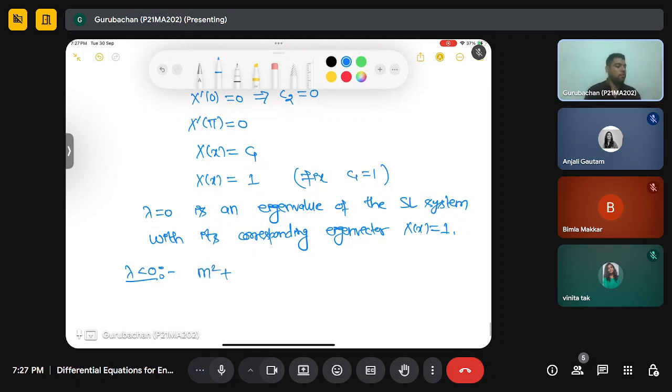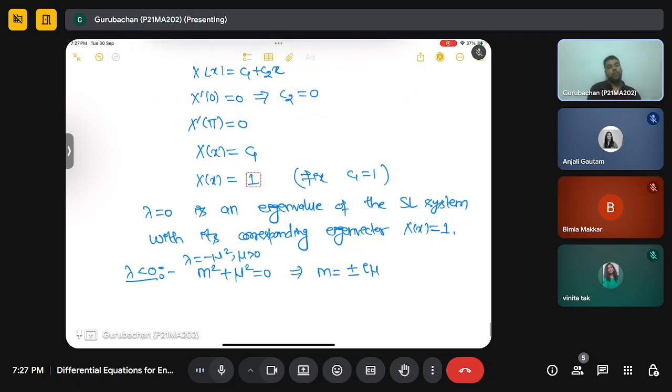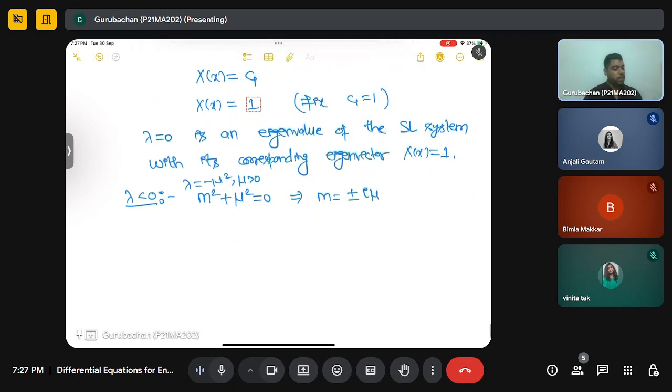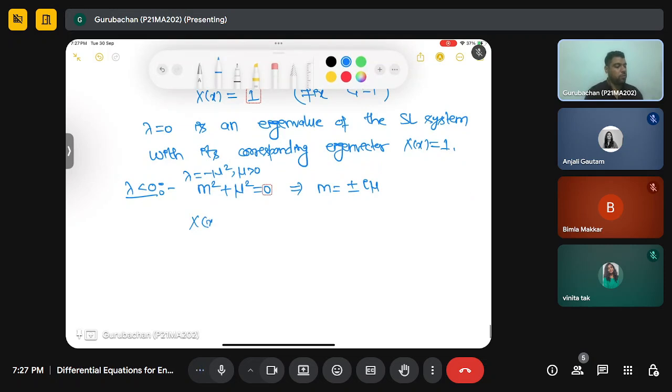M square plus mu square will be 0. I am assuming lambda to be minus mu square, where mu is positive. So this will give you m equal to plus minus iota mu. So from here you will get X of x to be c1 cos of mu x plus c2 sine of mu x.